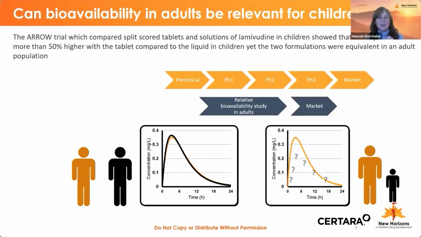So for the orange and the black product showing equivalence in our two adult populations, whereas in the paediatric, when we go from adult to paediatric, we don't know whether the products are still going to be bioequivalent or not. So there are some risks about doing the studies in adults, even though that is still the preferred methodology proposed by the ICH, the FDA and the EMA.